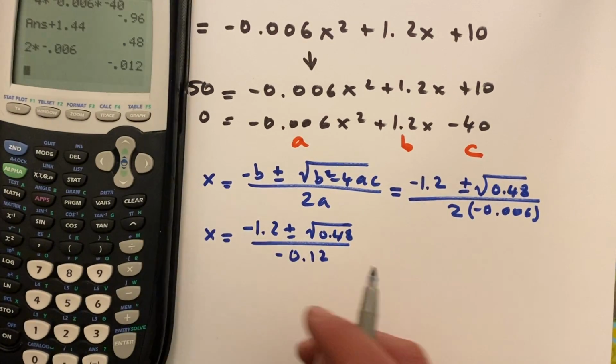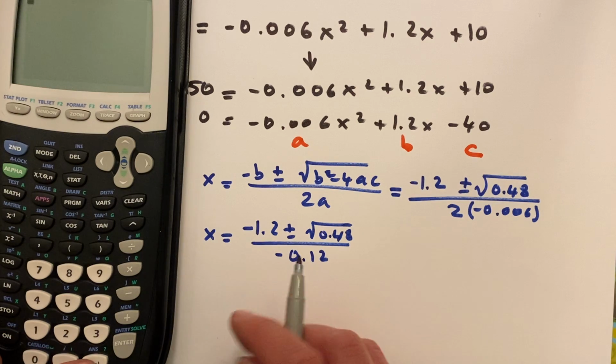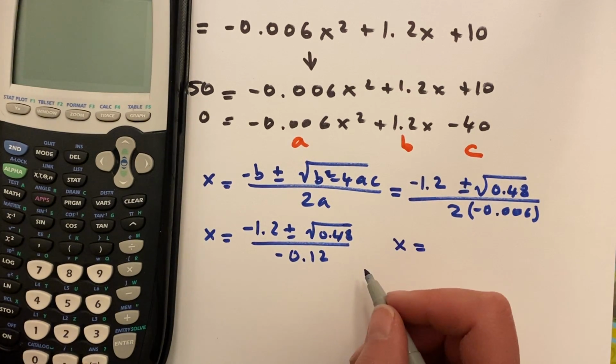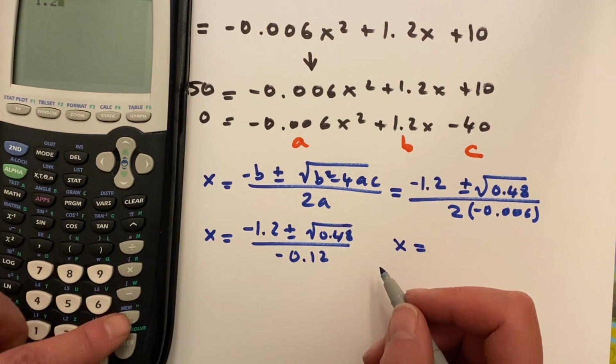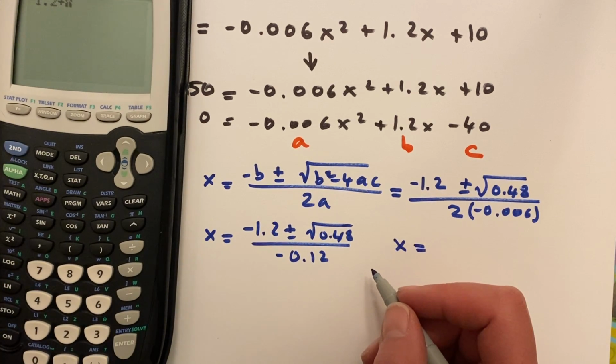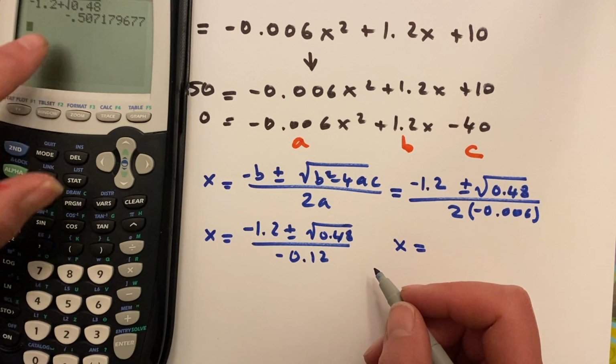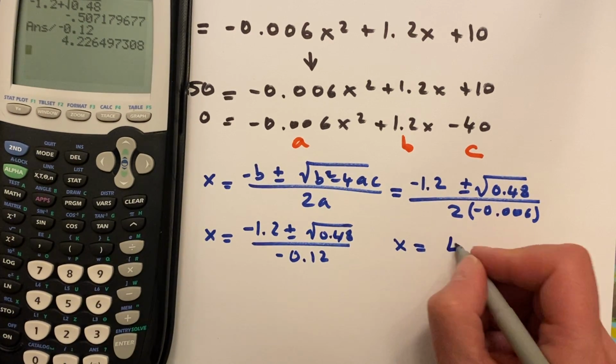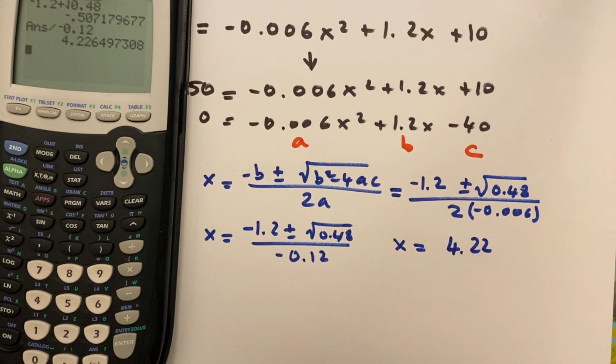So I'm going to do the plus first and then the minus. Negative 1.2 plus the square root of 0.48. And this answer is going to get divided by negative 0.12. And I get an answer of 4.22.